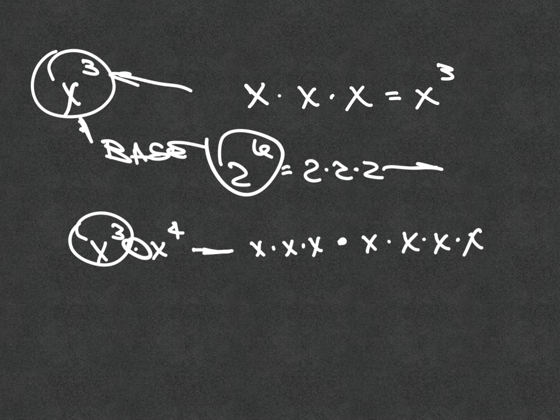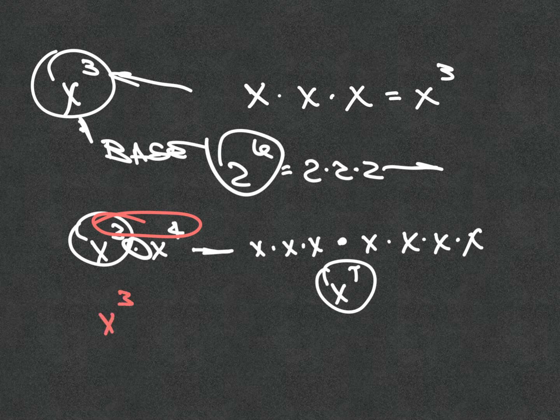And when I multiply those, I get 7 x's that I'm multiplying. So it looks like that, x to the 7th power, which can be written a lot quicker as x to the 7th because we do x to the 3 plus 4 equals x to the 7th.